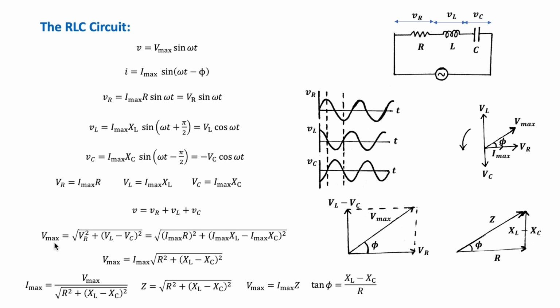So we have V_max = √(V_R² + (V_L − V_C)²), and we can substitute for the values here, and we get this equation. The maximum current is then given by I_max = V_max over this value, which is known as the impedance Z. Its SI unit is the ohm, and it represents a ratio between voltage and current.